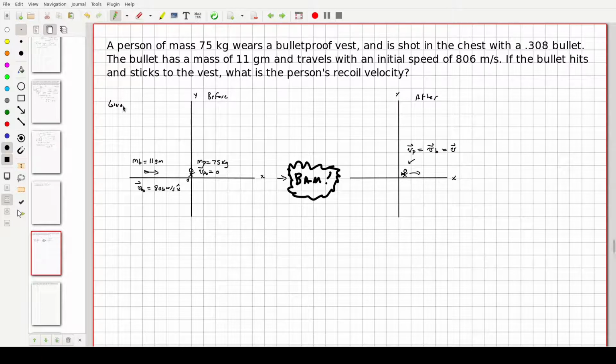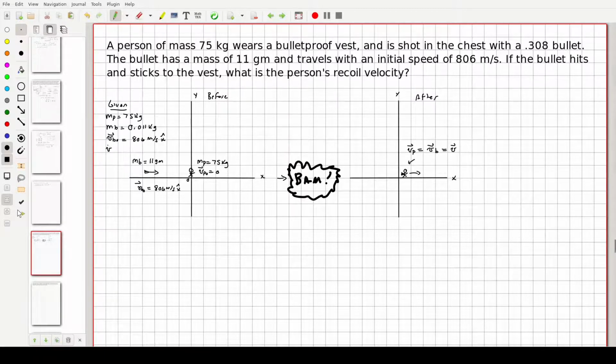So before the collision, we know the mass of the person is 75 kilograms. The mass of the bullet is 11 grams, which is 0.011 kilograms. We also know that the velocity of the bullet initially is 806 meters per second in the x-hat direction.